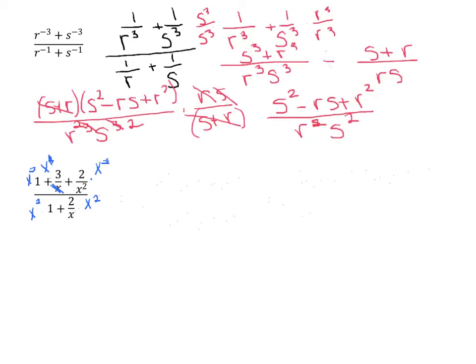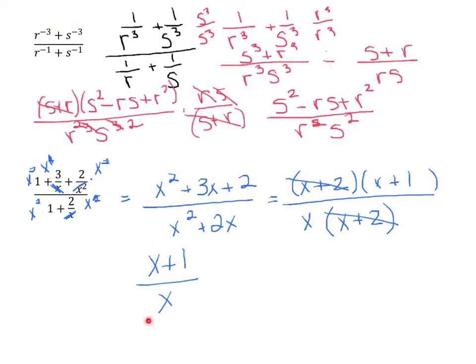My denominator, I can factor out an x. And I see I have a common factor, and I'm left with x plus 1 over x. You may not cancel these. This is your final answer. And I'll circle this final answer too.